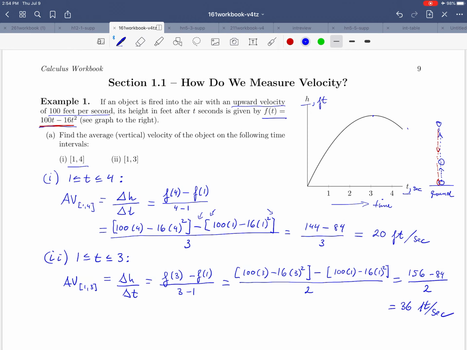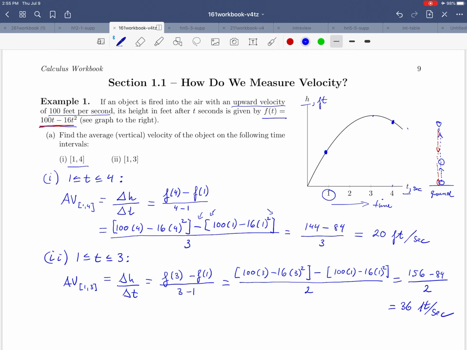So we computed two average velocities, once between 1 and 4 seconds, one between 1 and 3 seconds. Let's look at the graph to also see what this means in terms of our graph so that we can visualize what's going on. So for both examples, we were interested in a time interval starting at 1 second. And then for our first example, we looked at, okay, what about between 1 and 4 seconds? So we also looked at this point right here.